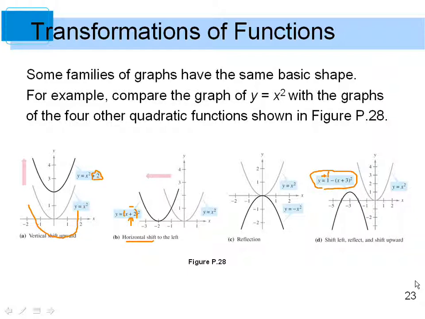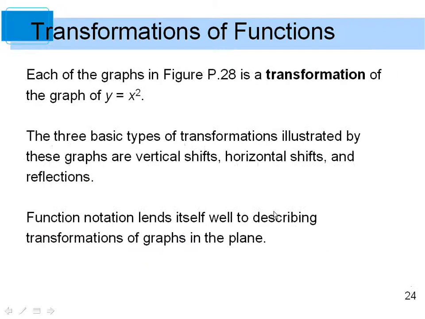You can do this with any number of different types of graphs. Each of those graphs is called a transformation. Transformation just means movement: shifting, reflecting, sliding, all those things. So we talk about vertical shifts, horizontal shifts, and reflection. Sometimes we use the word slide, right here, real sloppy for you guys, slide for vertical and horizontal shifts.